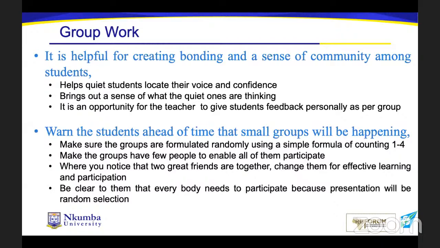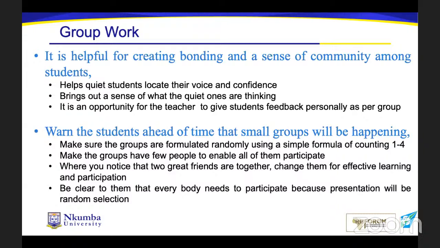Group work is one of those activities that really gets students to participate fully and creates a sort of bonding amongst fellow students. So allow this to happen, but get them to understand that each and every person has to participate within the group work, and have opportunities where you can test each individual student about the group work they've undertaken.